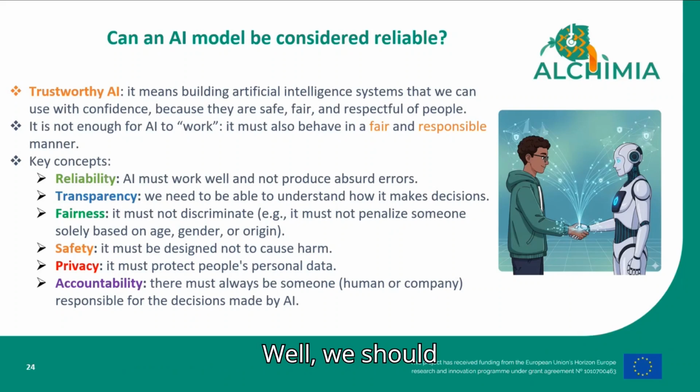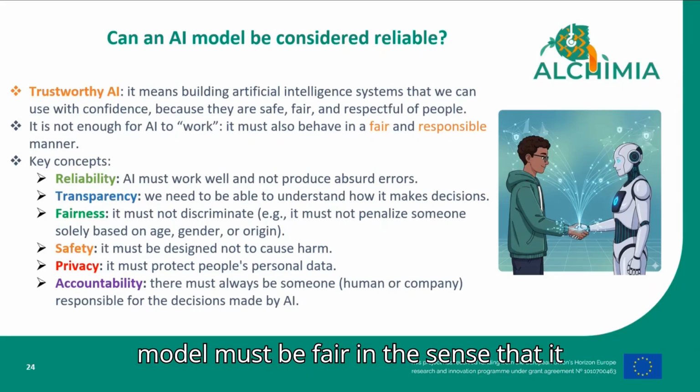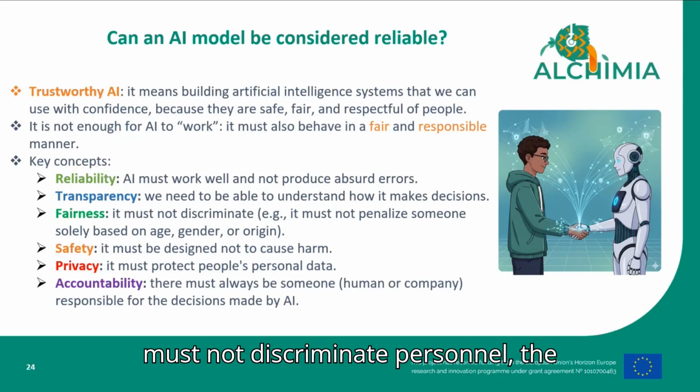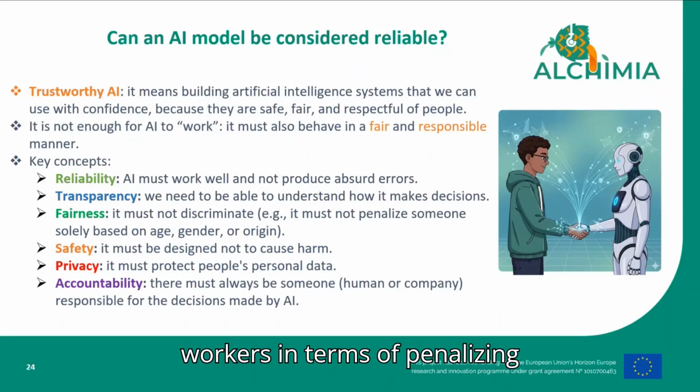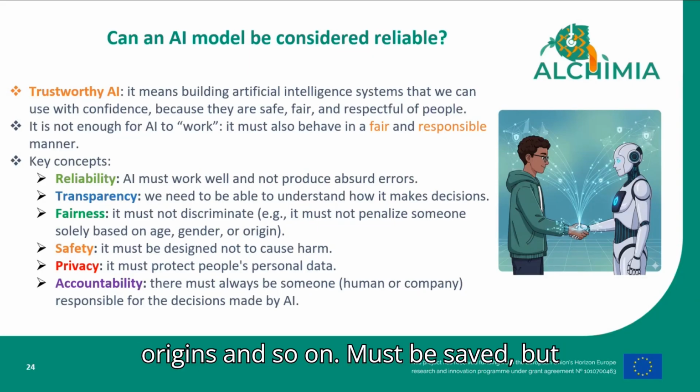What does it mean? We should understand how the model took some decisions, starting from the measured data. The model must be fair, in the sense that it must not discriminate against personnel, the workers, by penalizing someone because of their age, gender, geographical origins, and so on.